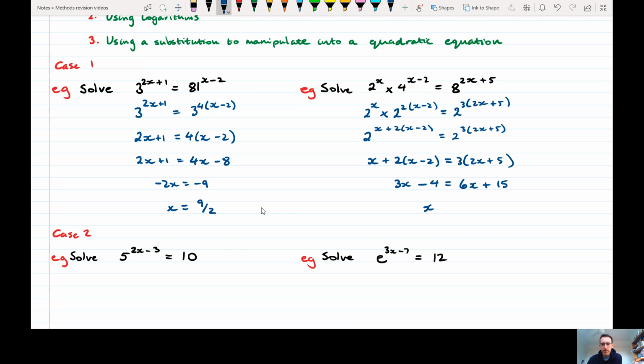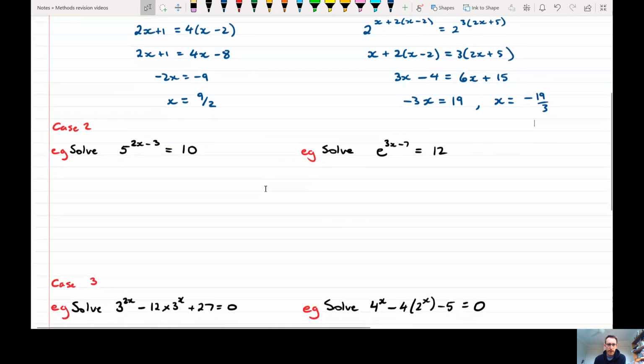If I simplify all of this, you're going to have -3x equals 19. But -4 becomes a positive, and then that's going to leave us with x equals -19 over 3. Fractions are okay. I can always check the result if I want to by substituting it back into the start, but I think that should be sufficient for now.